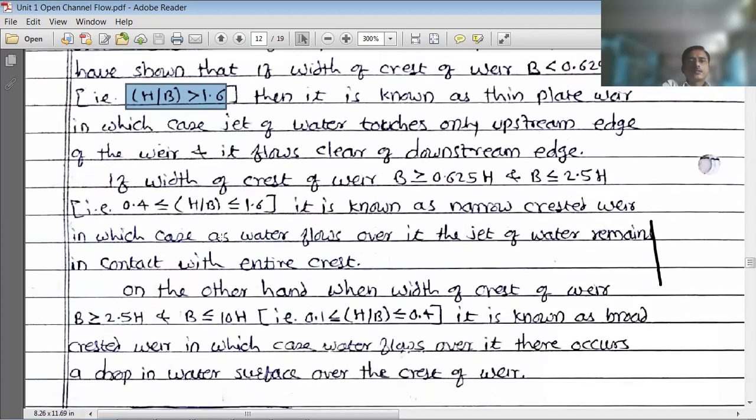Next, write this: if H by B is greater than or equal to 0.4 but less than or equal to 1.6.